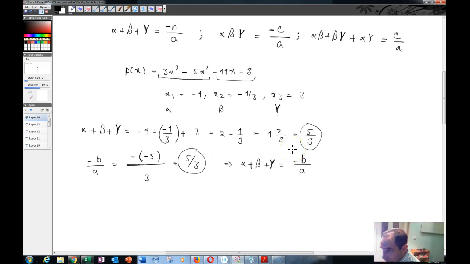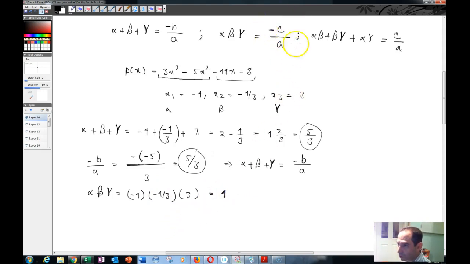And then if you calculate the product of the zeros here, alpha, beta, gamma, that's equal to -1 times -1/3 times 3, which is equal to +1.